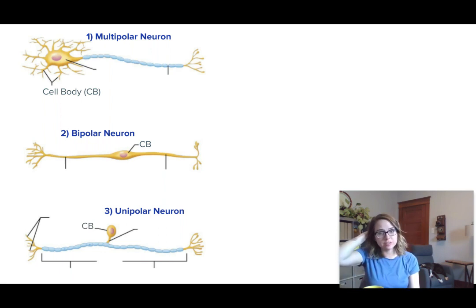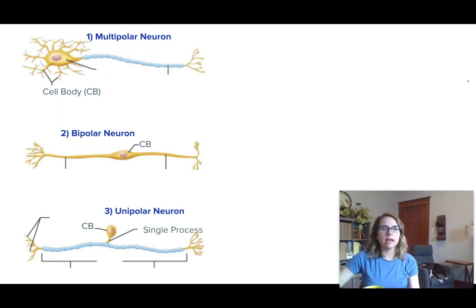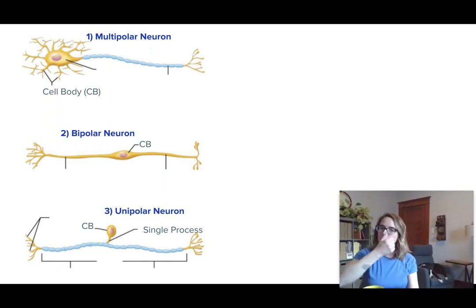But remember, that's this whole part here where the nucleus is and all of those organelles that are important for the neurons' functionality and to stay alive. Oh, excuse me. The unipolar neuron is kind of unique because that cell body comes up. It has its own little stem where the other 2 don't. They call that the single process of the cell body. Only unipolar neurons have those.